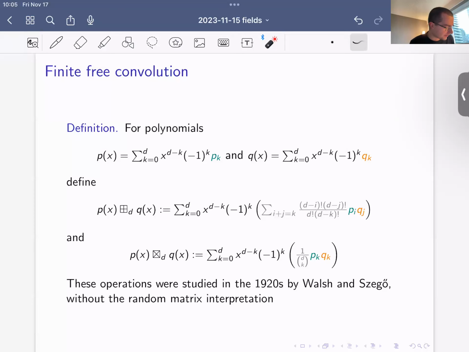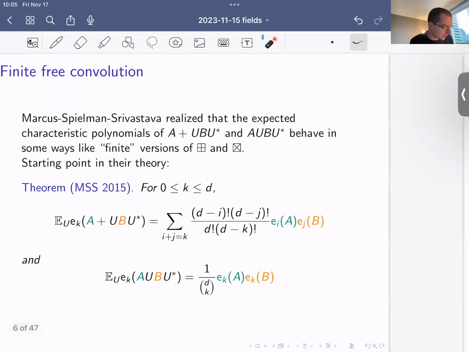If you have two polynomials, P and Q, and you arrange their coefficients in the way that we did for the characteristic polynomial, then you can turn this theorem into a pair of definitions.